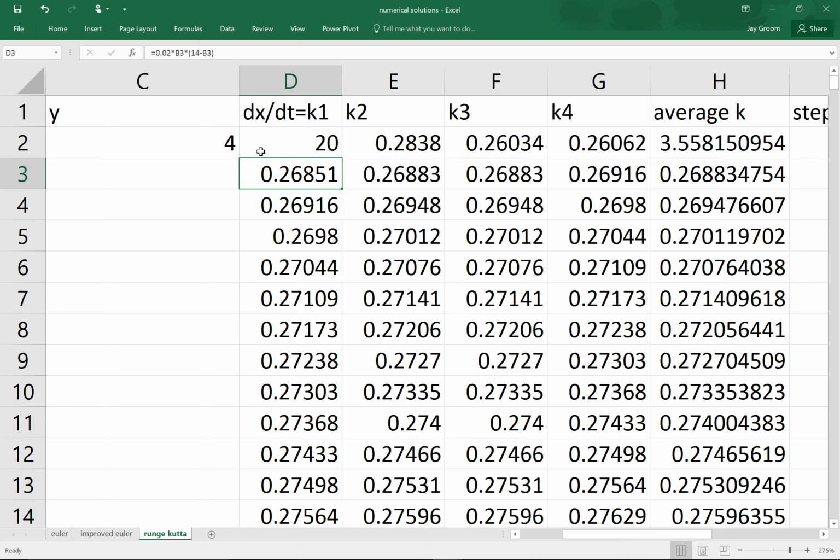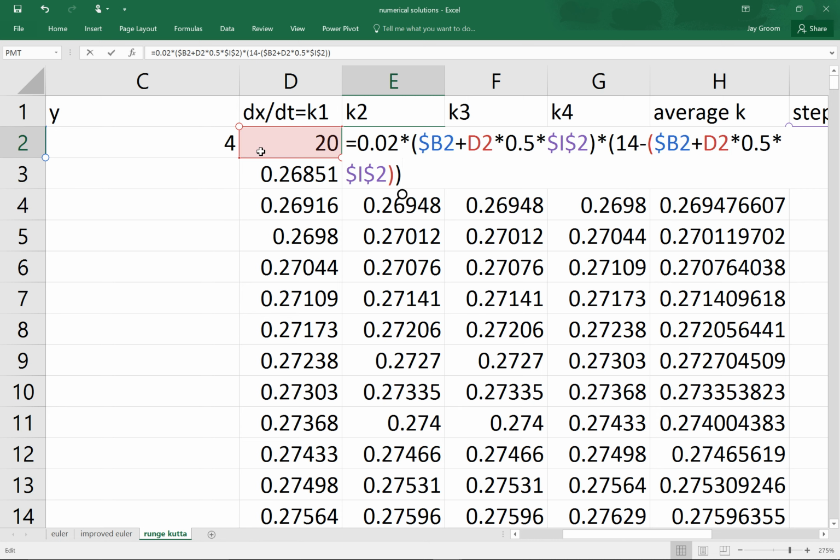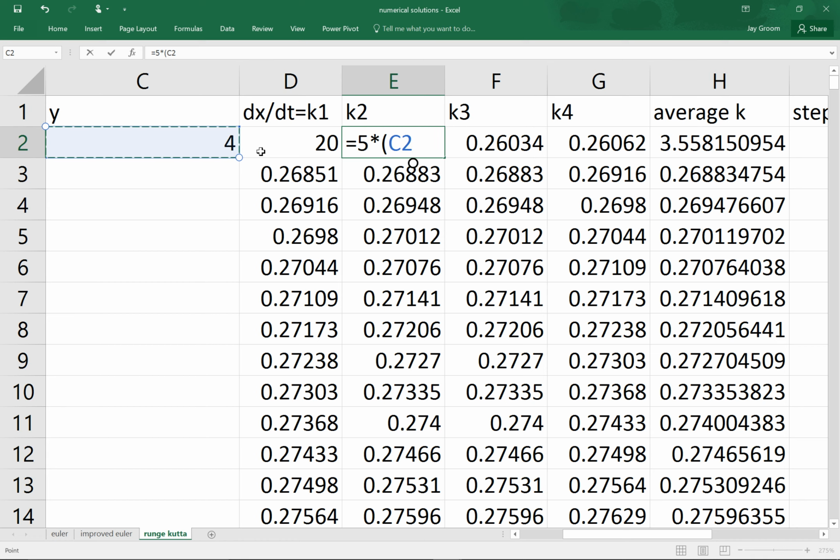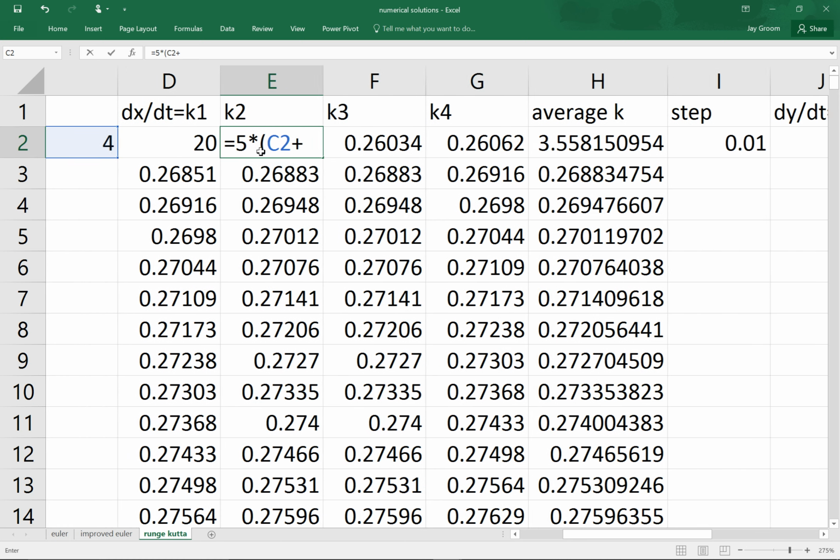Okay? So now, over here on this one, remember I want to deal with my y's, which is what's in C2 currently. But it's going to be the new y. So it's going to be 5 times my new y. Well, my new y is my old y plus my delta y.